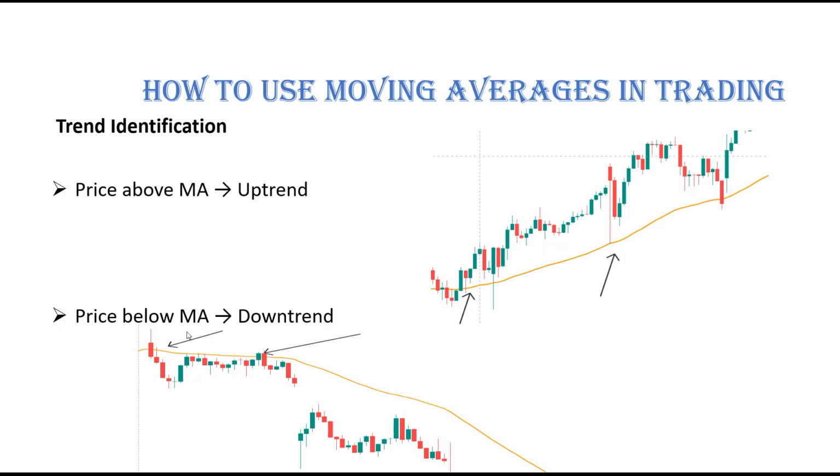Similarly, if the price is trading below the moving average, we can conclude that the trend is looking bearish, or a downtrend. If you are doing swing trading, you will be using a higher moving average and a higher time frame, like the 1 hour time frame.